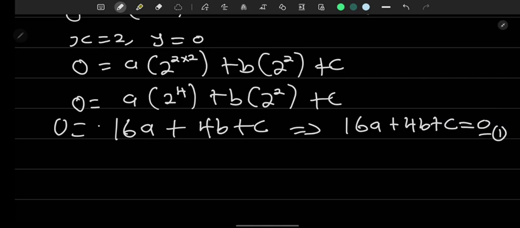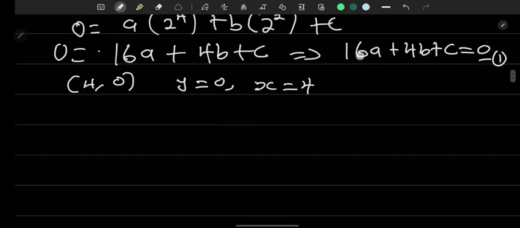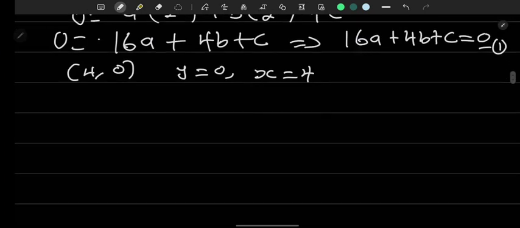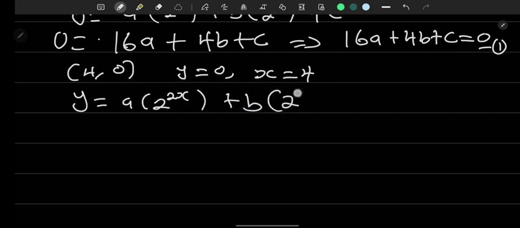Now we consider the second x-intercept, which happens to be (4, 0). This implies that y equals 0 when x is 4. So we substitute y as 0 and x as 4 in the given equation, y equals a(2^(2x)) plus b(2^x) plus c.